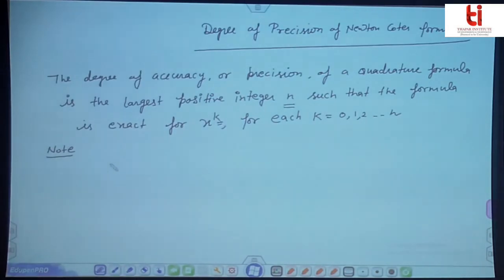So we can write here, first point: the degree of precision of a quadrature formula is n if and only if the error is 0 for all polynomials of degree k equal to 0 to n, but it is not 0 for some polynomial of degree n plus 1.